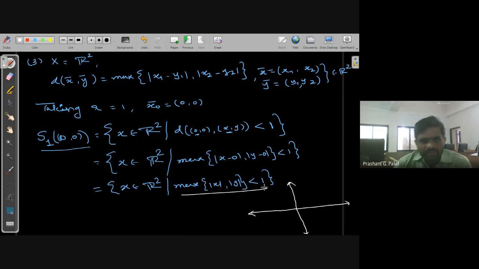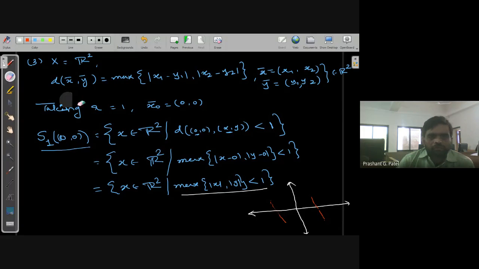It says the set of all points where the maximum of mod of x, mod of y is less than 1. So mod of x equal to 1 represents two lines. x equal to 1 is this vertical line, and x equal to minus 1 is this vertical line.